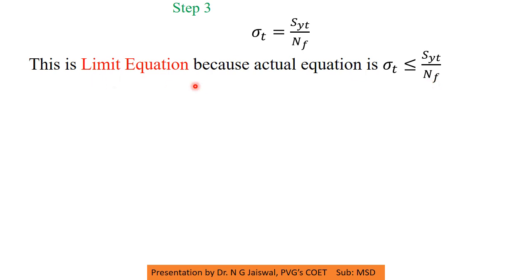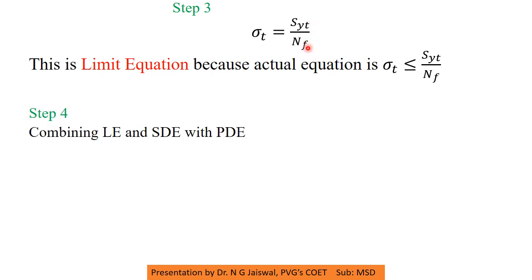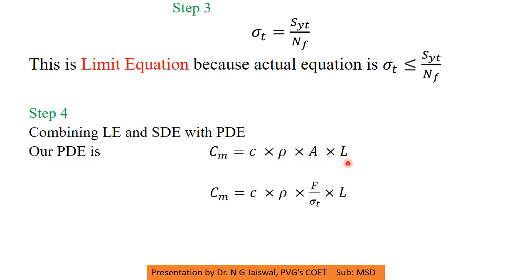So what we do further, this sigma t from the previous equation we replace by syt by factor of safety, and note here that syt is known, factor of safety is also known. Therefore your Cm, earlier C into rho into A into L, you replace A initially by F upon sigma t, and now sigma t is also replaced by syt by factor of safety.